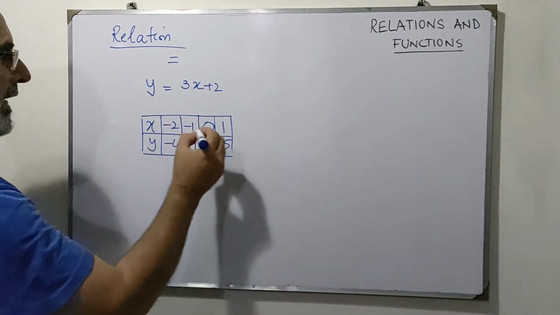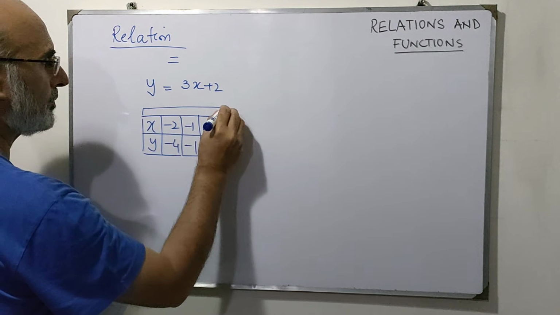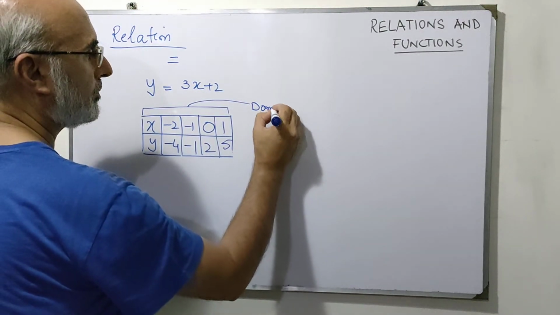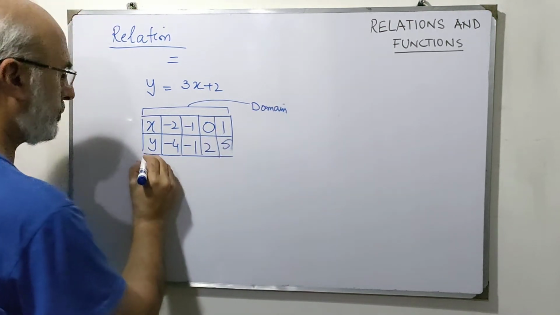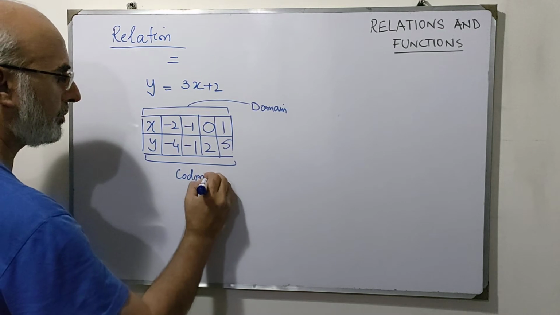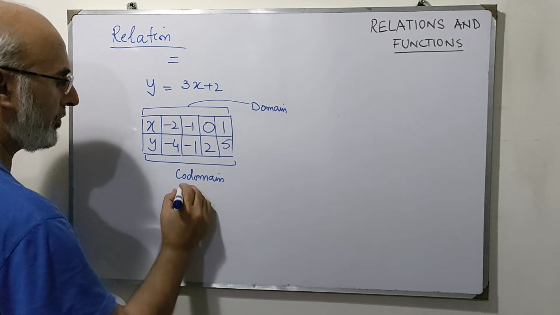Okay. These x values are actually the domain, and these y values are actually the codomain or range.